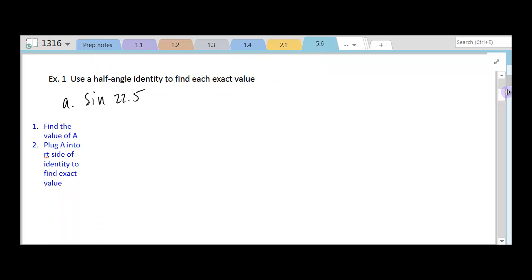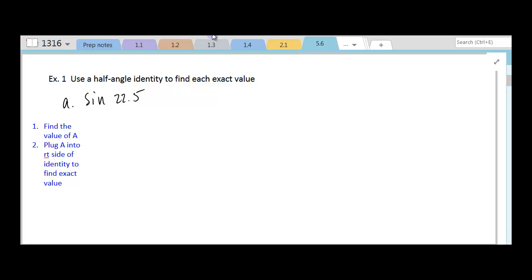And in this first example, we're going to use the half angle identity to find the exact value for the sine of 22.5. Now, I haven't memorized, or I don't recognize 22.5 as an angle on the unit circle that I've been memorizing. So that's what these identities are there to address.